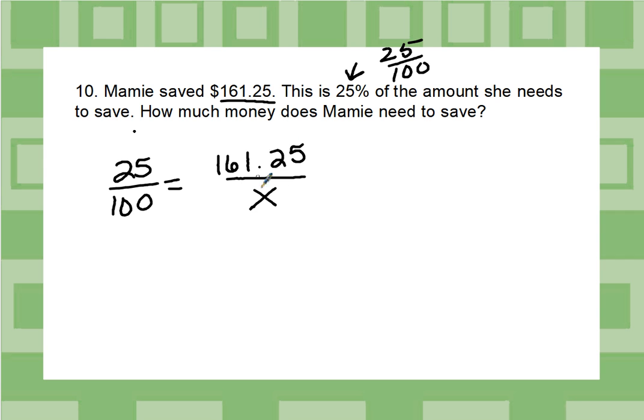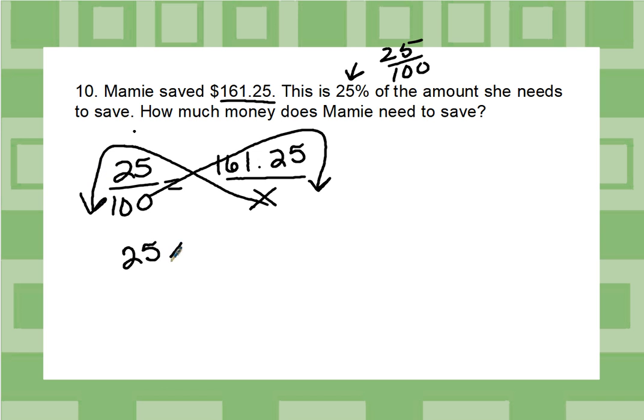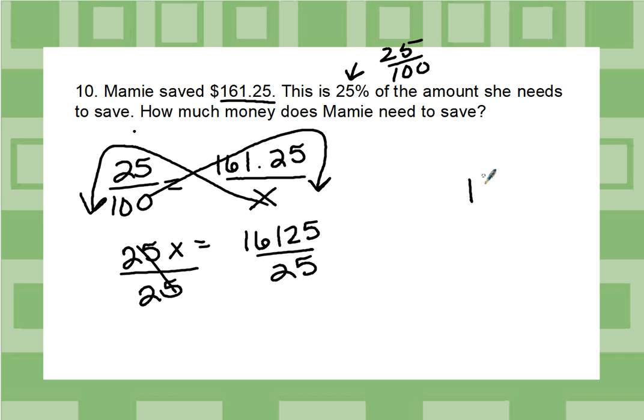All right, so as we do this, we are going to do our bow tie. 25 times x is 25x, and 100 times 161.25 is actually 16125 with nothing there. As we go ahead and divide by 25, so we have 16125 divided by 25.